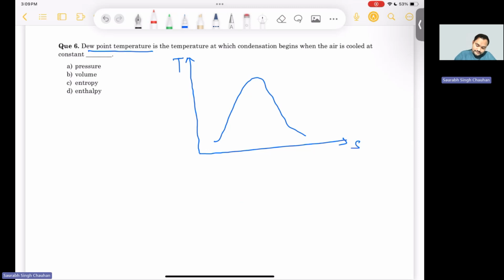For example, you have a mixture at some temperature. So this is your initial temperature. If you cool this mixture at constant pressure, then after some point you will reach the saturation limit, right? This is the saturation point. And if you try to cool it further, then what will happen? The condensation will start. And this is the constant pressure line.